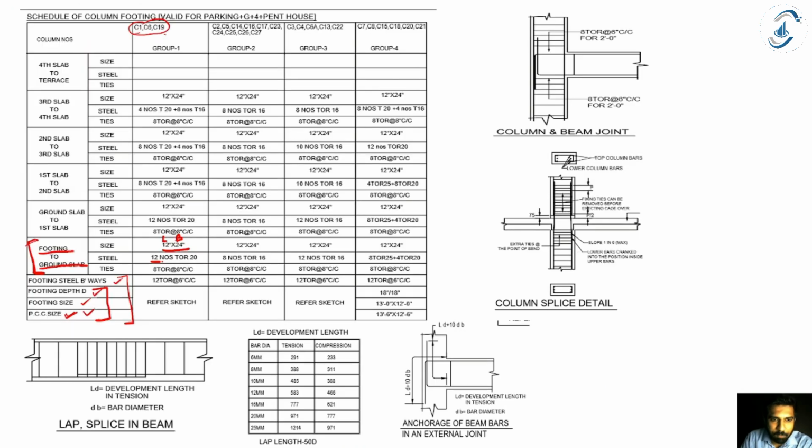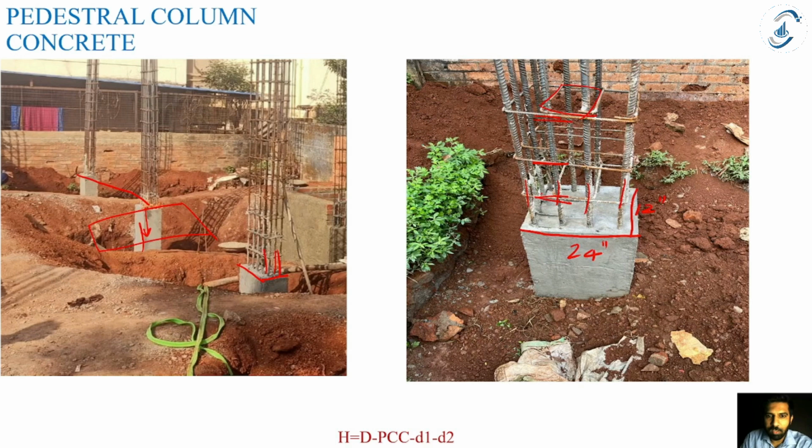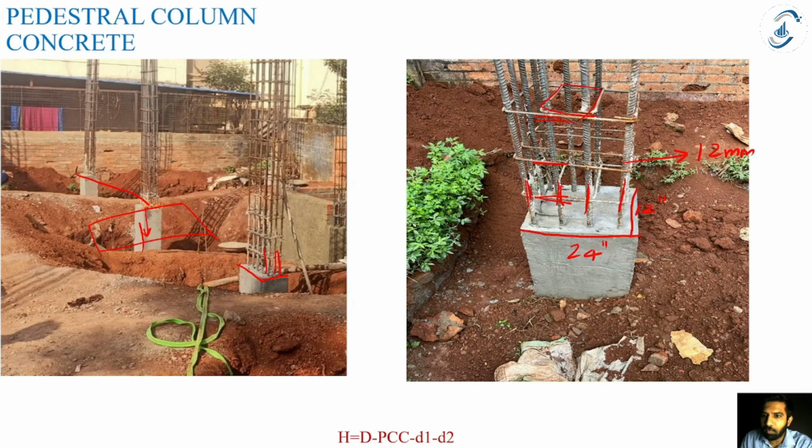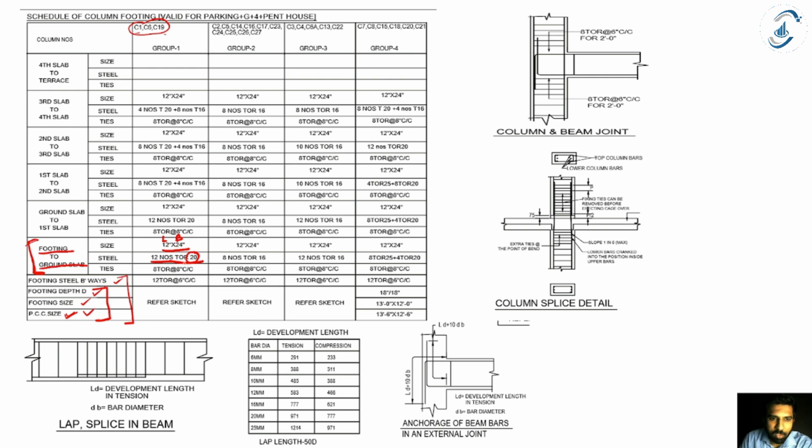Now steel. What is the steel used? 12 numbers of 20 mm diameter bars. So 12 numbers. Now what is the dia of these bars that is used in the column? 12 mm? No, no, no. It is 20 mm. So it is T20.